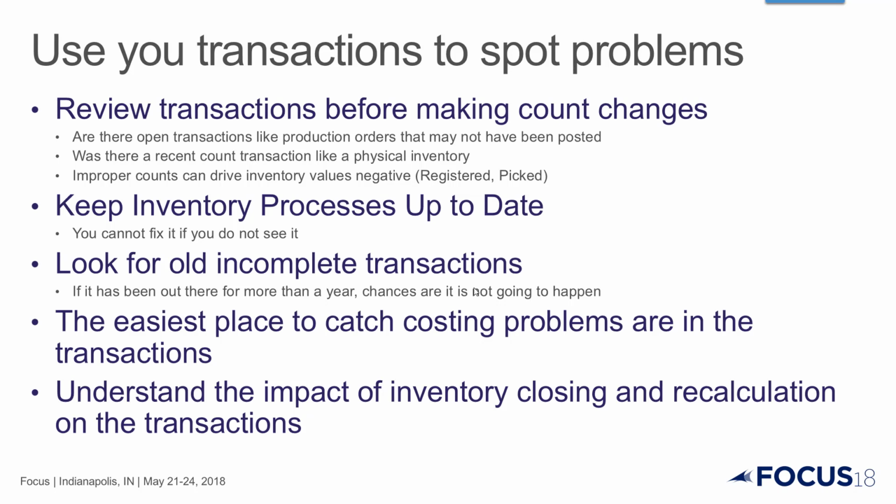Just because you said, I found 35, doesn't mean that you should just go ahead and cycle count. You should go back in the transactions and try to determine what in fact happened. Was there something that supports that 35? Or is there something that says that 35 is actually maybe someplace else?